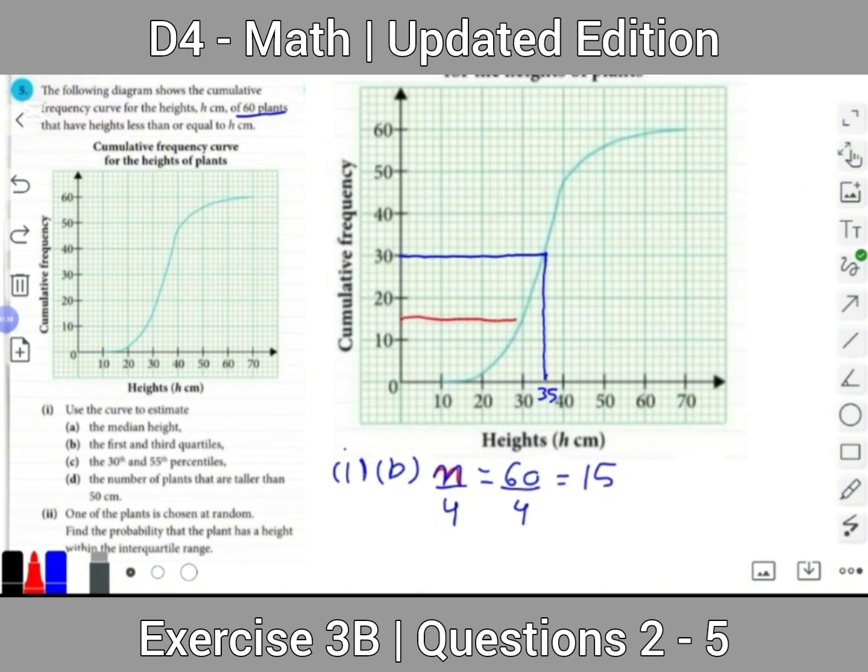So from 15 we will draw a horizontal line until it touches the curve. Now from the point of intersection on the curve we will draw a vertical line until it touches the horizontal axis. So here we have 30. So the first quartile Q1 is equal to 30 centimeters.